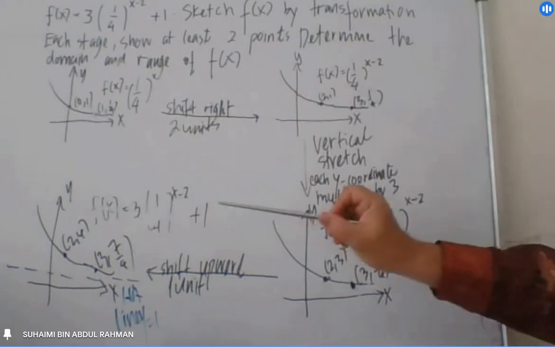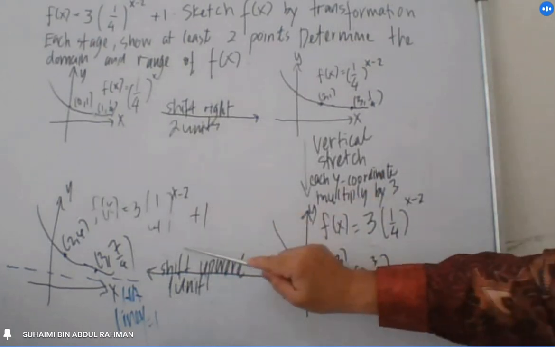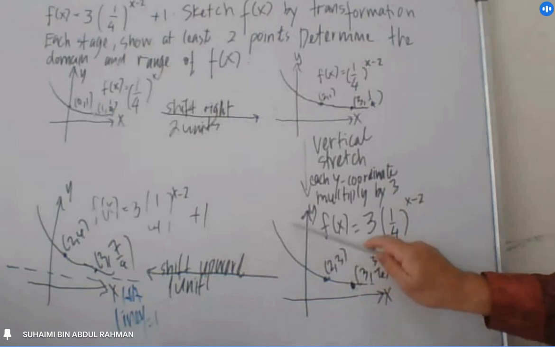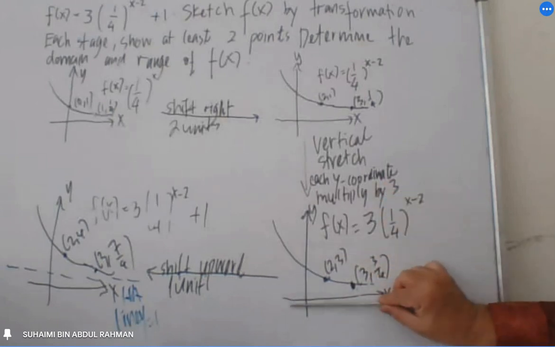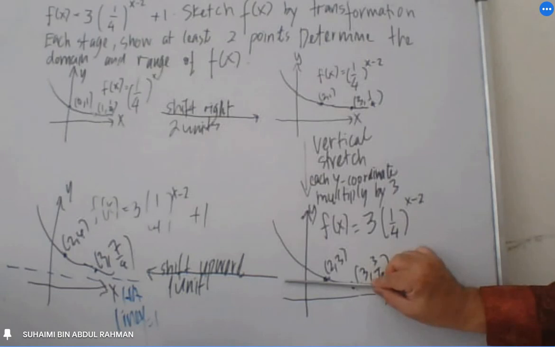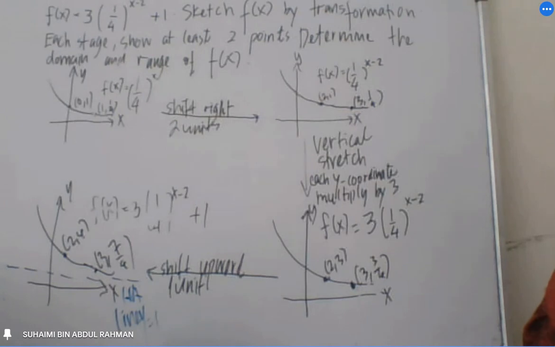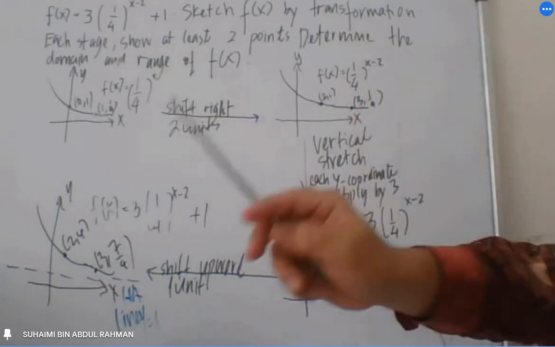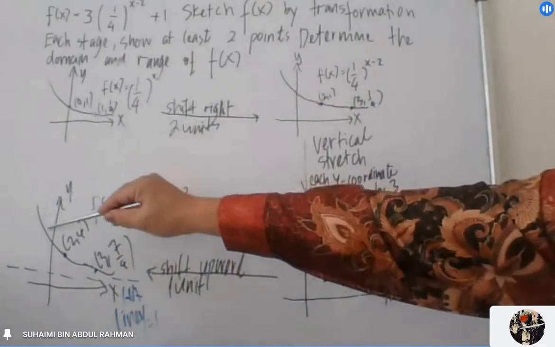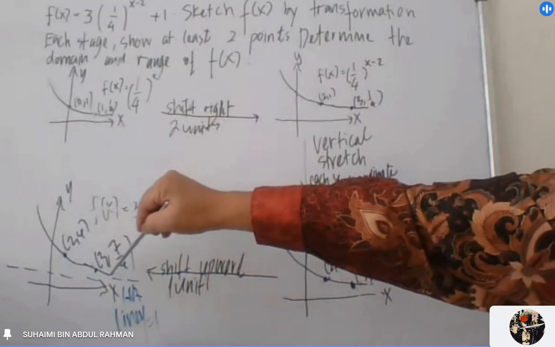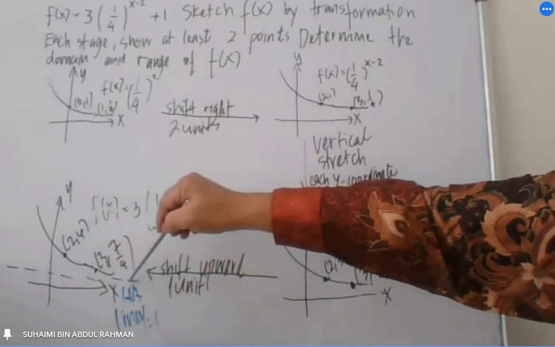Then the last one: when we shift up 1 unit, the asymptote goes up 1 unit from where it originated. Remember that when you sketch this graph, it will never pass this line.